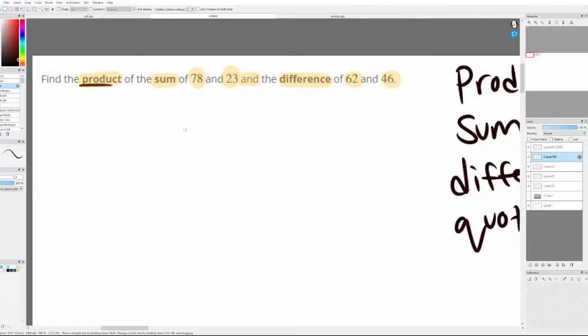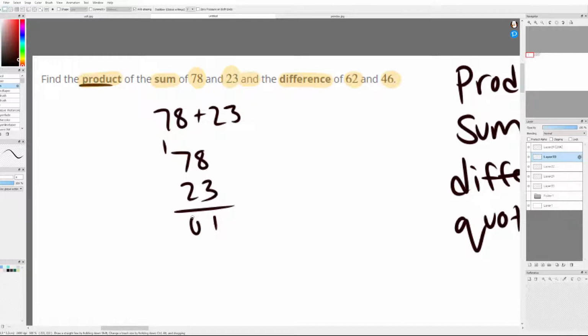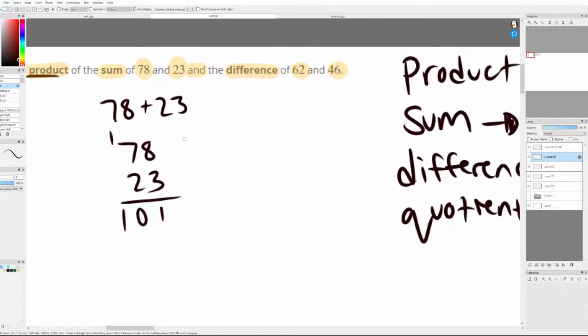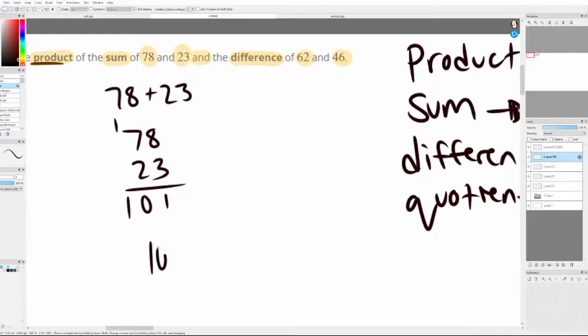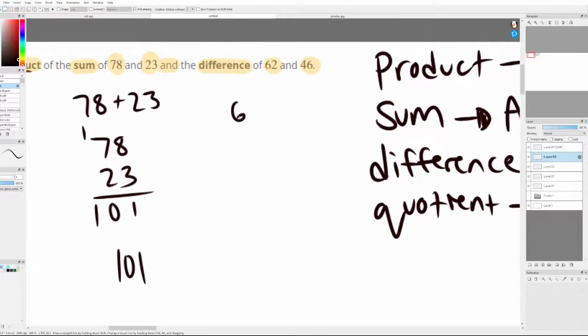So we have our sum of 78 and 23, which is 78 plus 23: 1, carry the 1. This one's going to be 0 because it's going to equal 10, so 101. So we have our 101, and then the difference of 62 and 46.